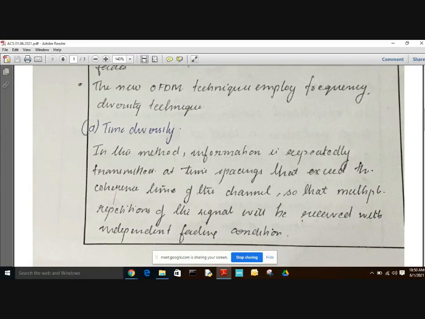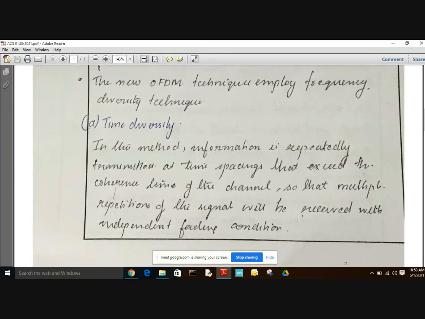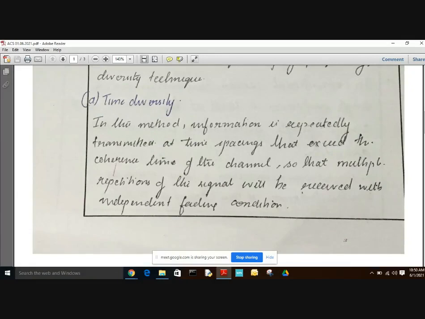the information is repeatedly transmitted at a particular time spacing, and that time spacing exceeds the coherence time of the channel. So the multiple repetitions of the signal will be received with independent fading conditions. We are transmitting a signal at a time spacing that exceeds the coherence time of the channel, so the repetition of the signal will be received with independent fade.